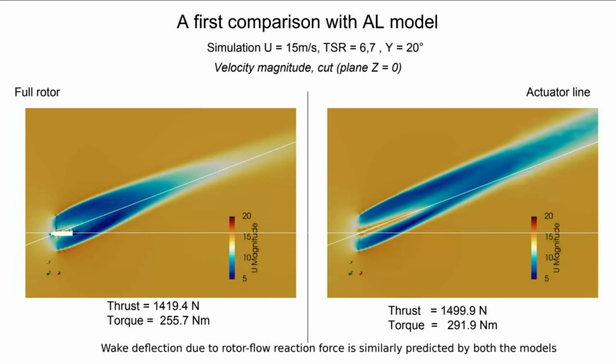And we see that with respect to the main direction of the wind, which is that white line at 20 degrees respect to the axial line, the wake is getting deflected with respect to the main direction.